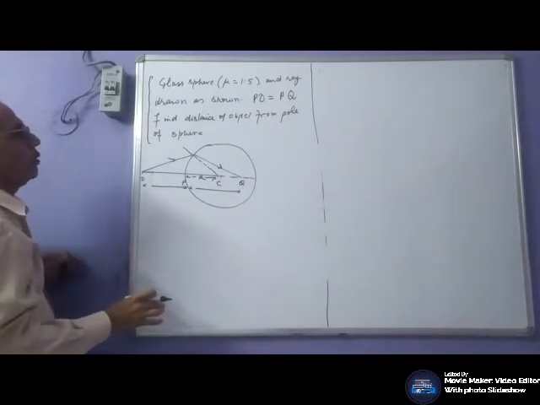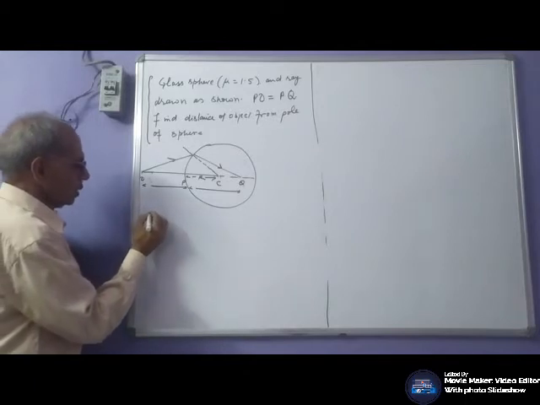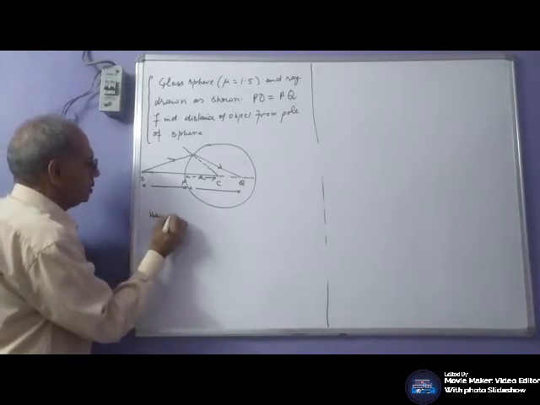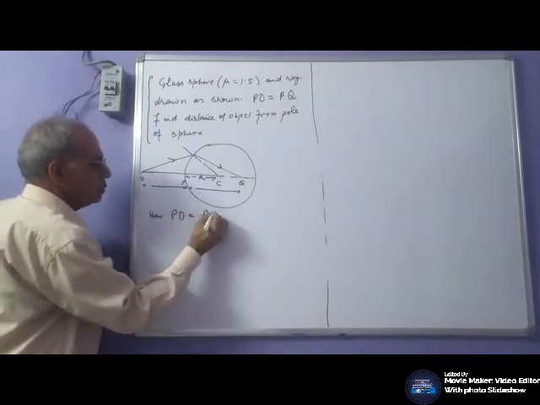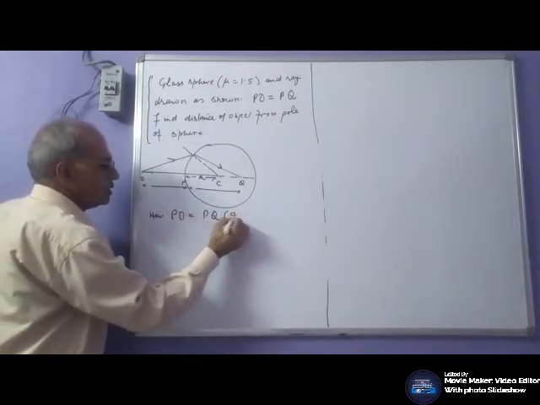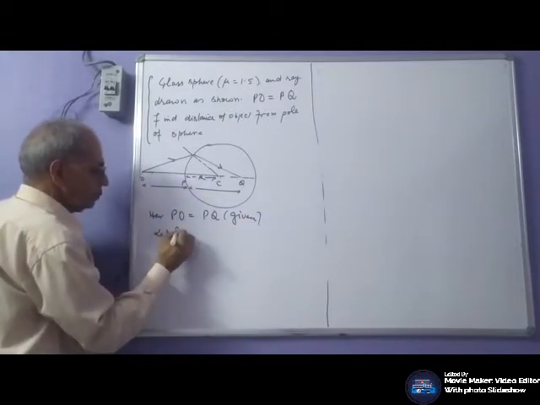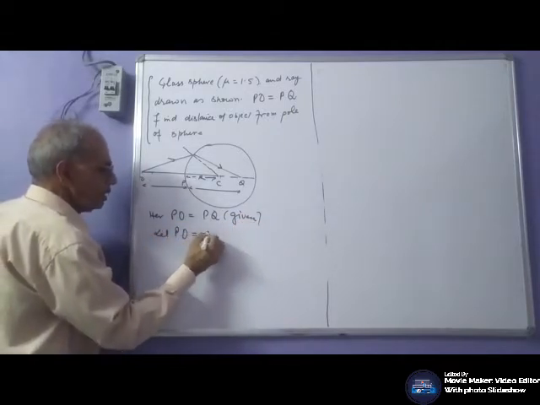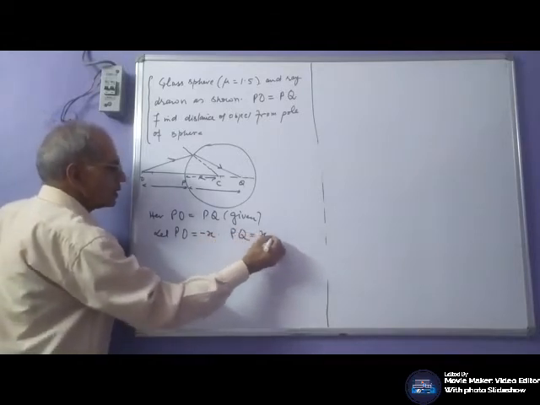Find the distance of the object from the pole. Here PO is equal to PQ, it is given. Let PO be minus X, PQ plus X.